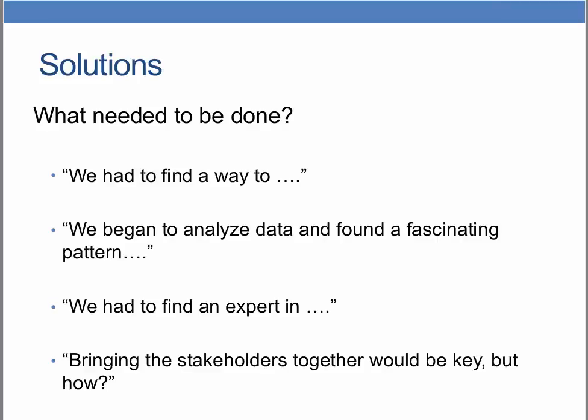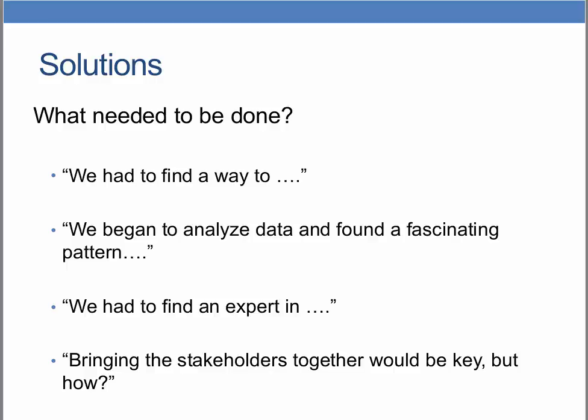So in terms of what needed to be done, you would be answering questions like, maybe you're starting out with, we had to find a way to do X, or as we began looking deeper into this issue and analyzing the data, we found this really interesting pattern developing that we weren't expecting. Tell us a little bit about that. Or this was a situation where we absolutely had to get an expert in such and such.